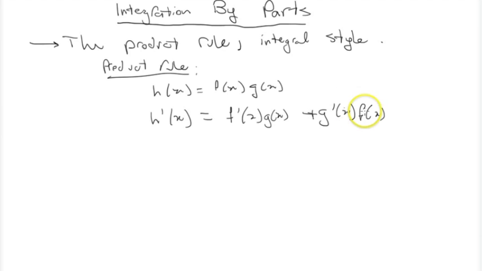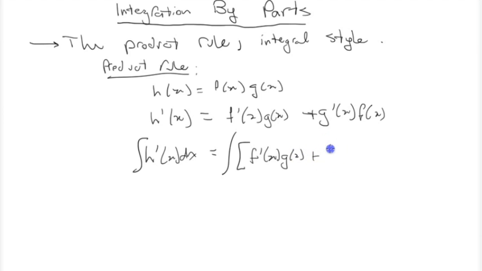Let's say we want to get h. We start off with something like this, but we want to get back h of x. Well, we can integrate. So we'd get h of x dx equals the integral of f prime of x g of x plus g prime of x times f of x, and all that dx. Well, remember, we can split up this big integral.